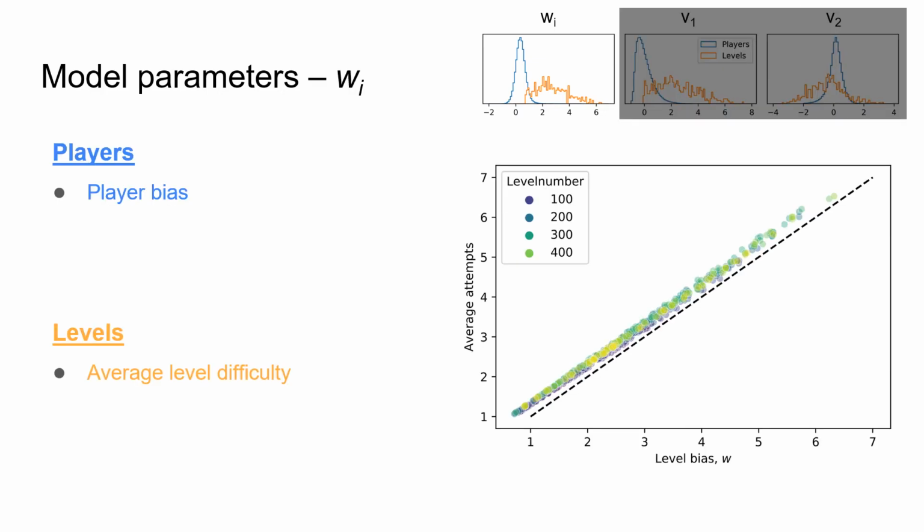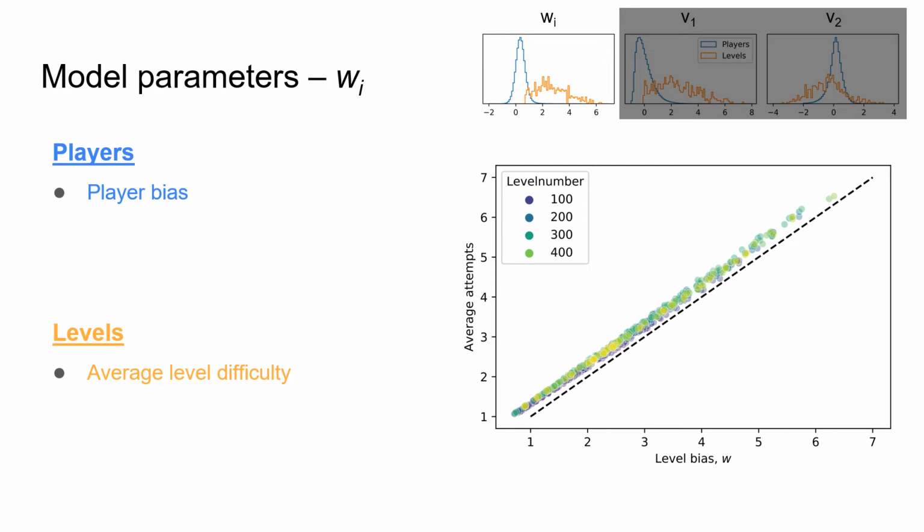For the variable bias Wi, we first note that for the levels, the average number of attempts is strongly correlated with the level bias. This suggests that the level bias here captures the average difficulty of the level. For players, we note that the biases are centered around 0 and therefore capture some kind of small variation between the players.